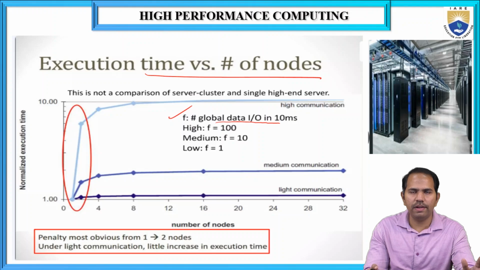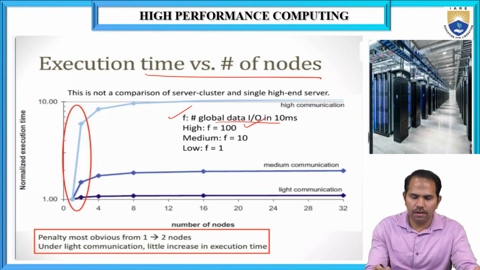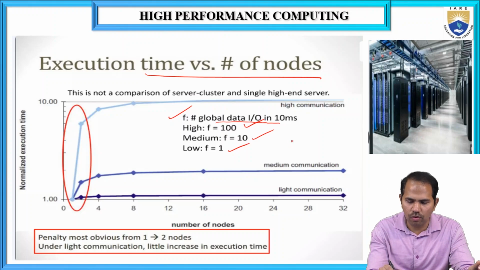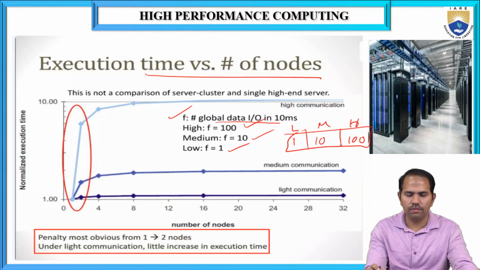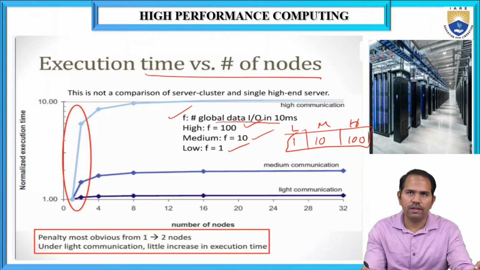We take F as 100 for high, 10 for medium, and 1 for low. We take three levels here: low, medium, and high. Based on this, how will the performance be indicated?